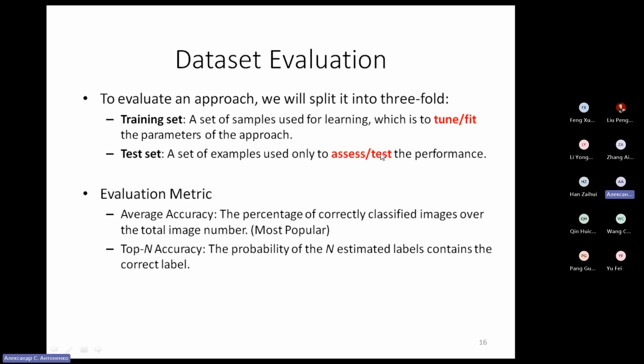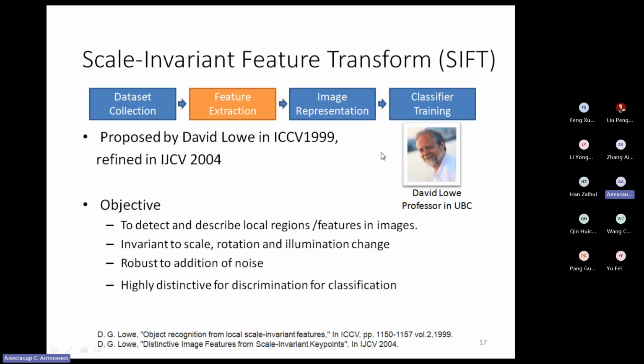Okay, let's move then. Our first approach is to use SIFT features, as I said. We already know SIFT features, proposed by David Lowe in 1999 and then refined. We detect and describe local regions or features in an image.